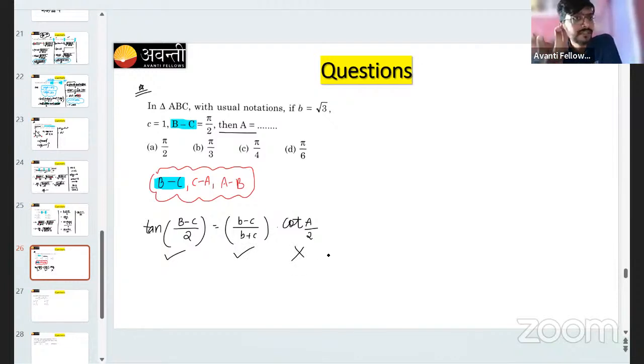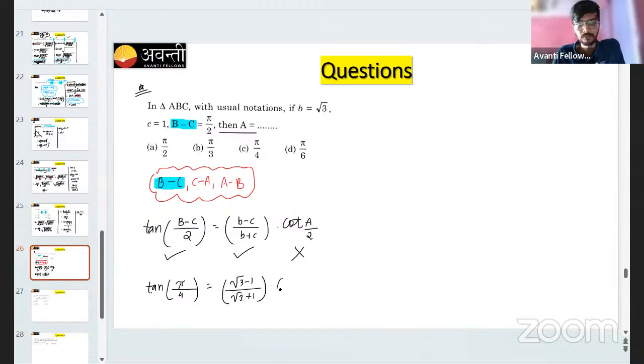This is a very simple equation. Just substitute the values and I'll get the value of cot A by 2. So this is basically B minus C was pi by 2, so this will be tan pi by 4 is equal to (root 3 minus 1) upon (root 3 plus 1) into cot A by 2.